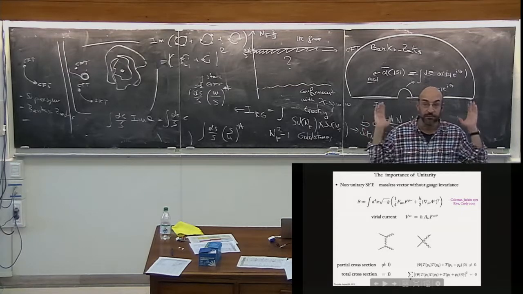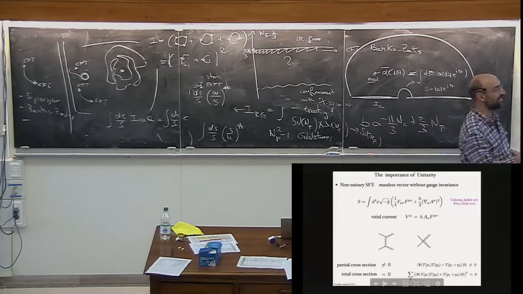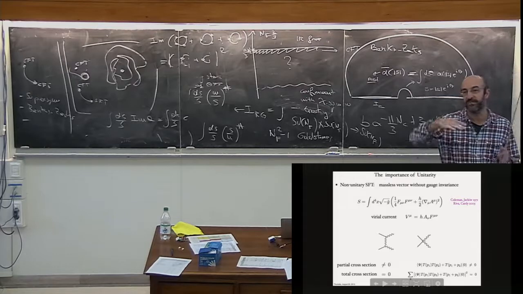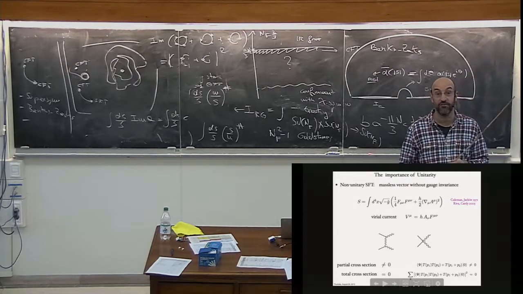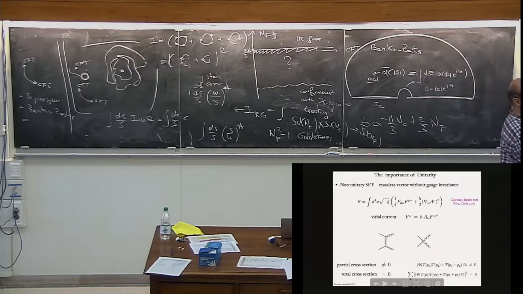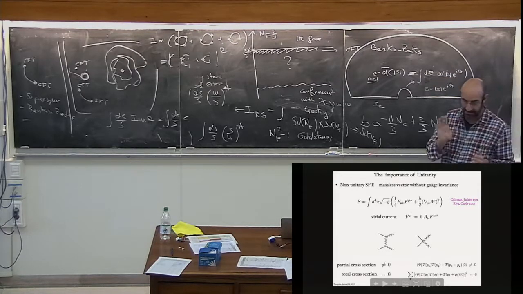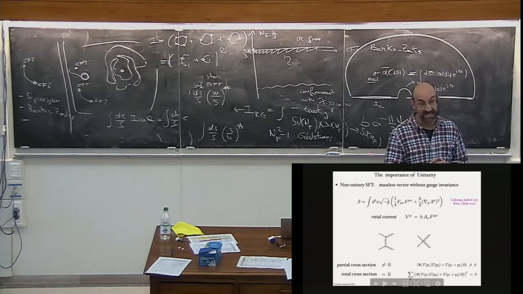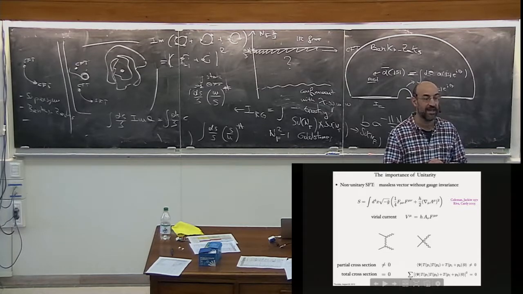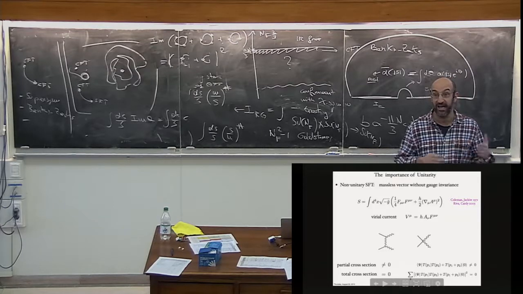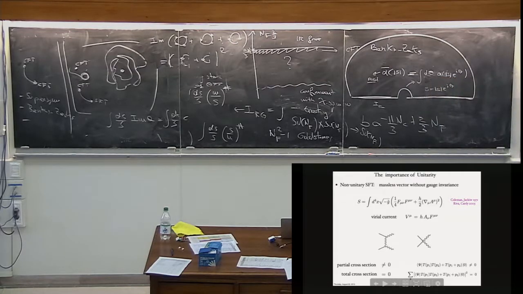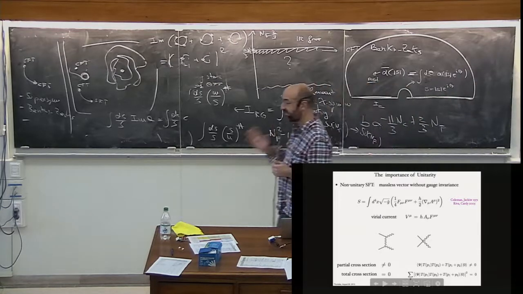But if you sum over all final states in all directions, of course some polarizations contribute negatively, but if you sum over all of them, you find that the total cross-section is 0. It's a non-unitary theory, precisely as it should be. The way it works is that the theory is non-unitary and there are cancellations between different states. So all that we said about the fact that C has to be 0 is correct.